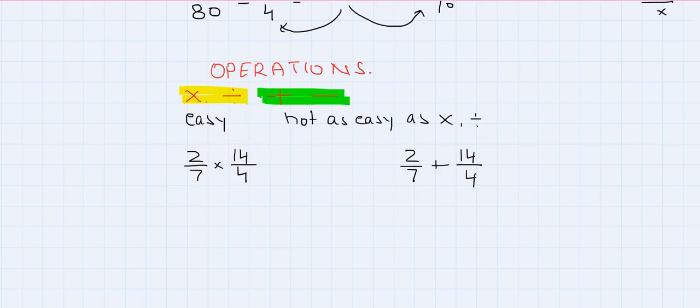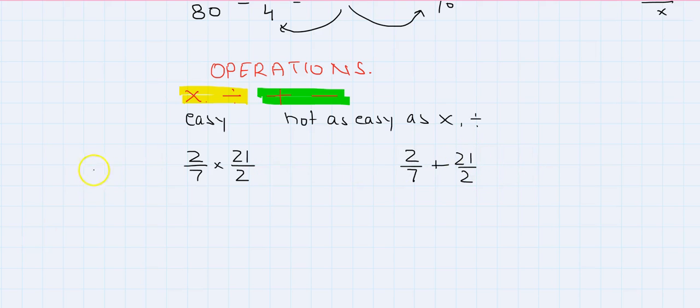I've written the same. Let's take another example, not 14 over 4. Let's take 2 over 7 and, say, 21 over 2, and this one plus 21 over 2.